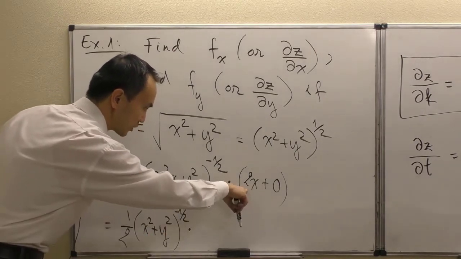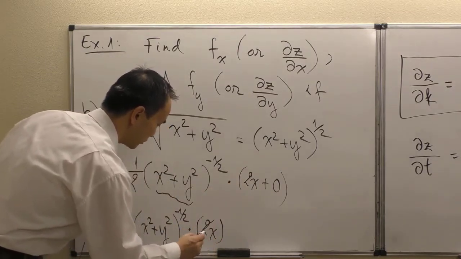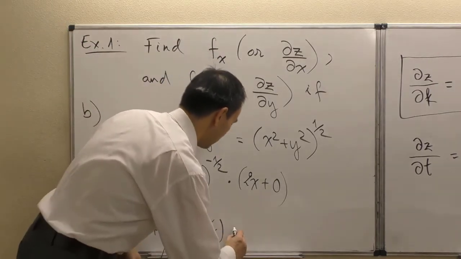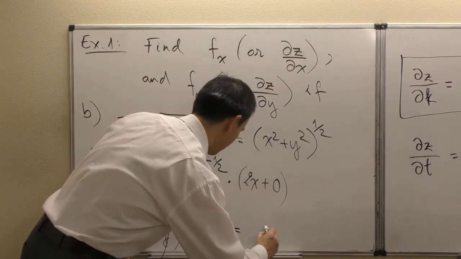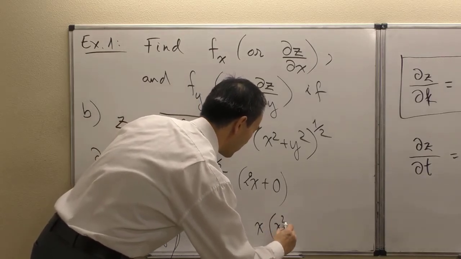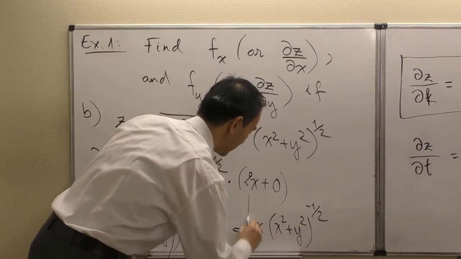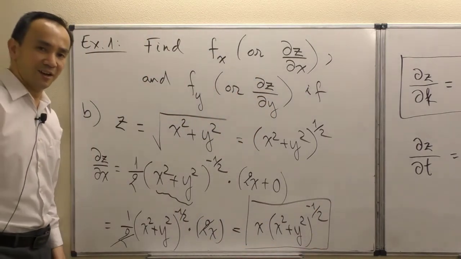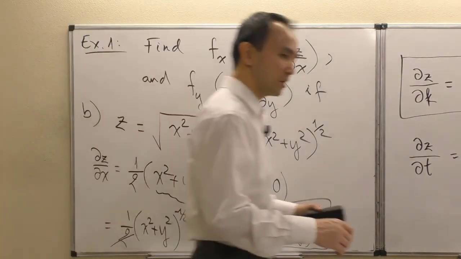We can notice that the 2 here will cancel with the 2 in 2x. So my final answer comes out being x times x squared plus y squared, in parentheses, to the negative 1/2 power. That's one way we can write our final answer. Now I'm going to move on to the other board.